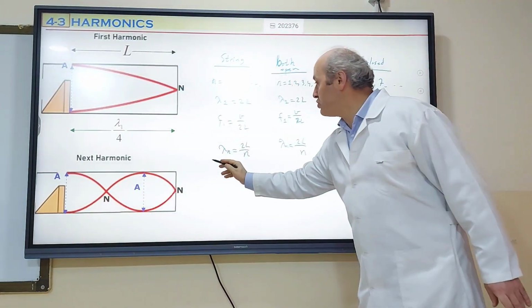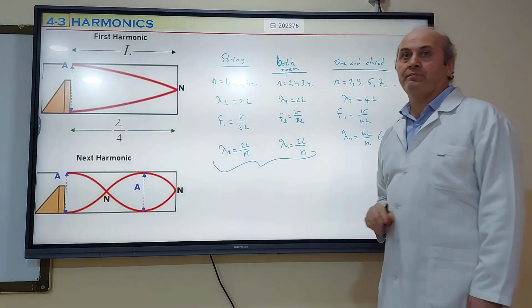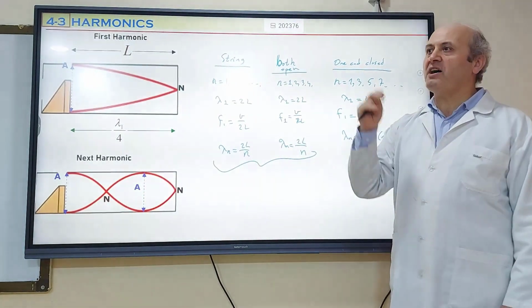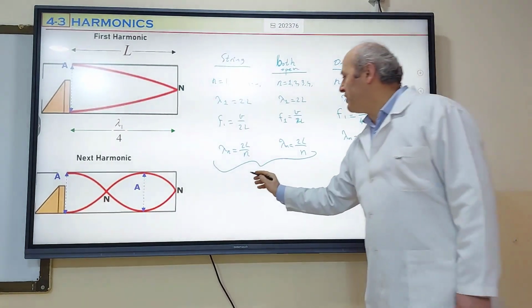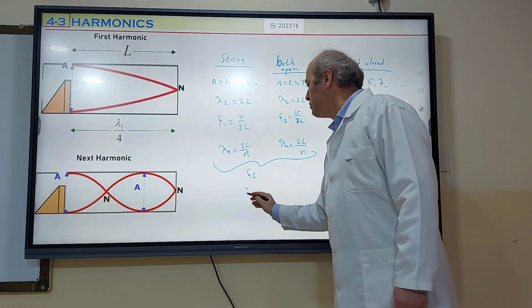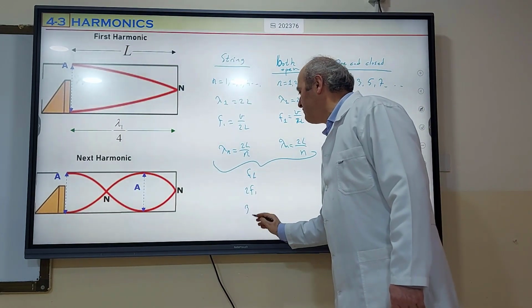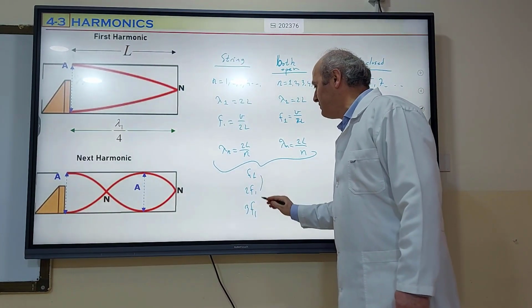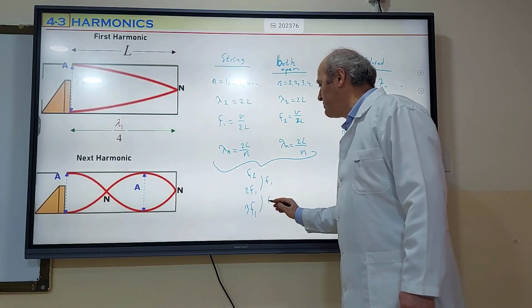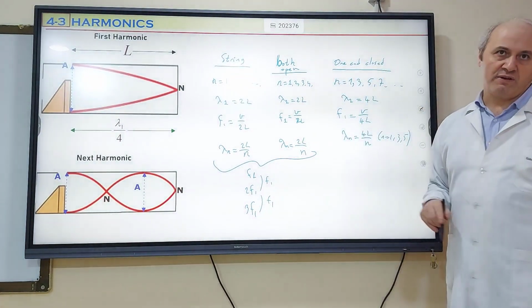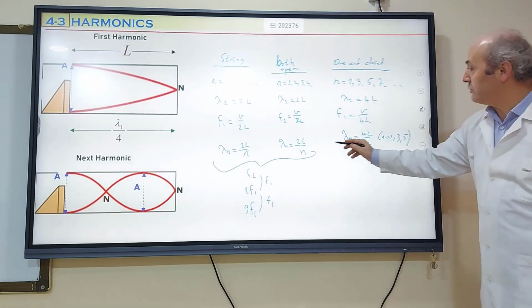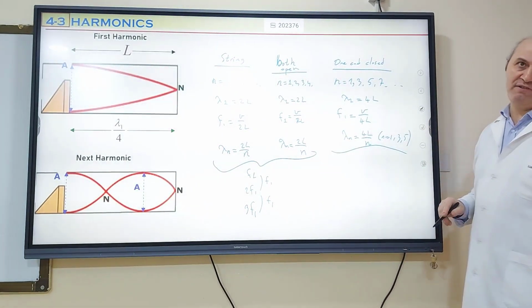In a string instrument and a both-ends open pipe, the separation between adjacent harmonics is 1 times the fundamental frequency. You have F1, the next one is 2F1, the next one is 3F1. It goes on this way, and the separation between them is always the fundamental frequency. But in a one-end closed pipe, it's different.